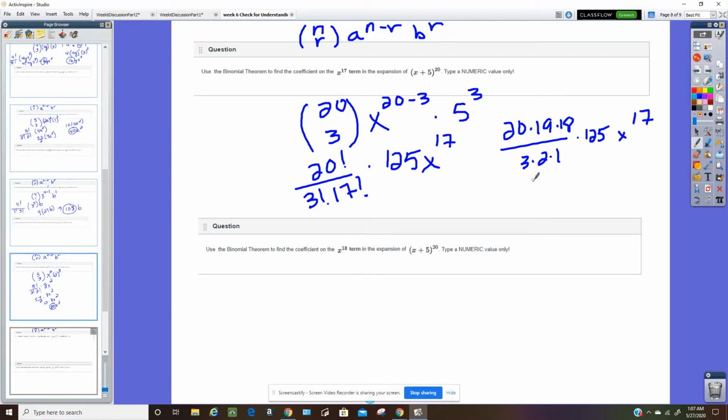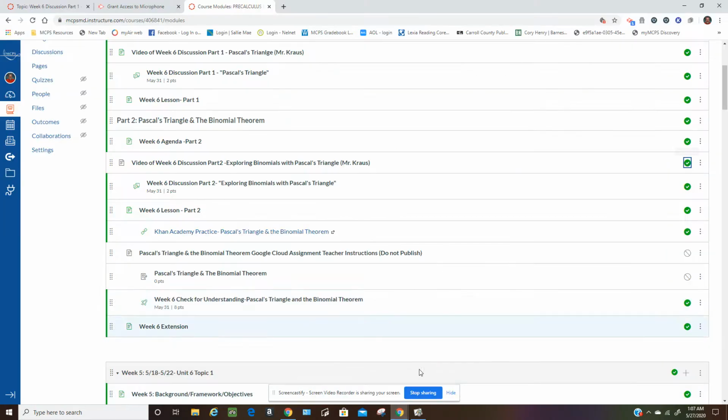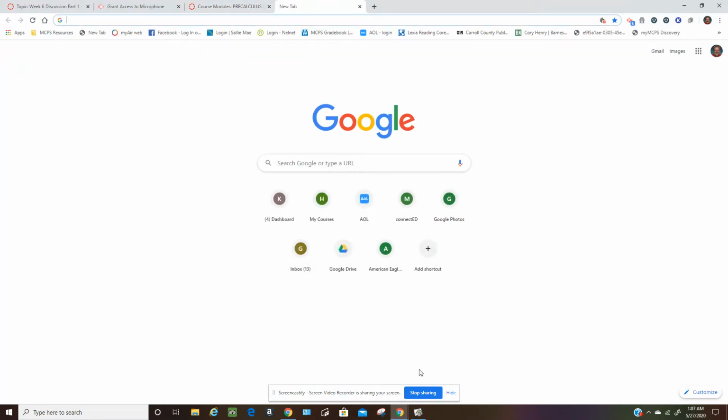So I need my calculator now. So 6 into 18, we cancel these. 6 into 18 would be a 3. So going to my calculator, let's get Desmos.